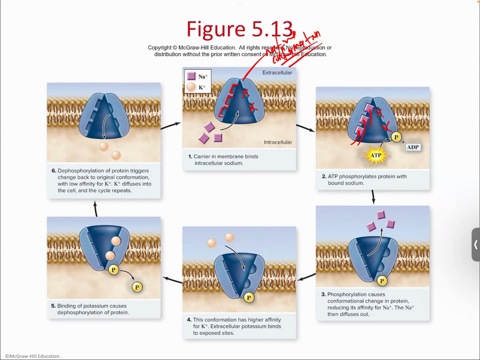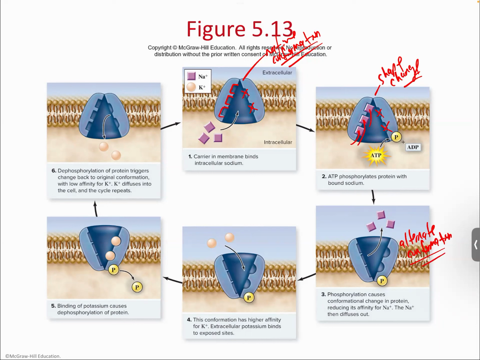Now, what happens here is you're going to get a shape change because of the energy that's built into this phosphate. So ATP will hydrolyze, ADP will leave, it'll leave the phosphate behind. That's packing enough energy to cause the shape change. What does it shape change into? It shape changes into this guy over here. This is the alternate conformation.